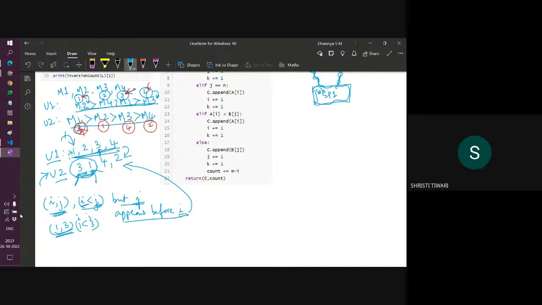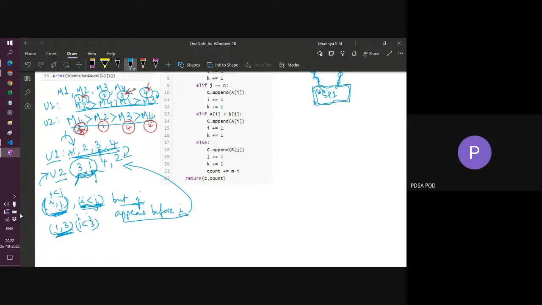Yes, ma'am. Ma'am, re-explain that last thing, that 1, 3. You are asking me to explain 1, 3, right? Yes. So see, we want to find all the pairs of this format, which means i is less than j, but j appears before i.